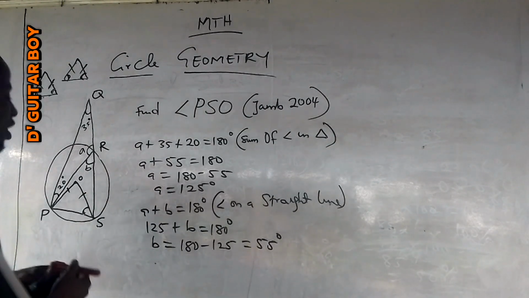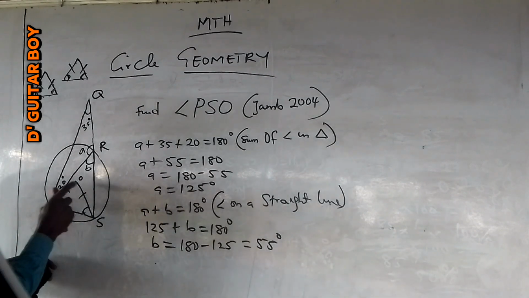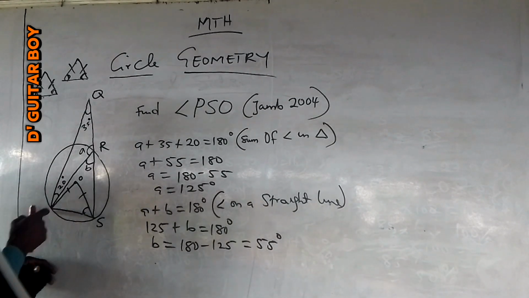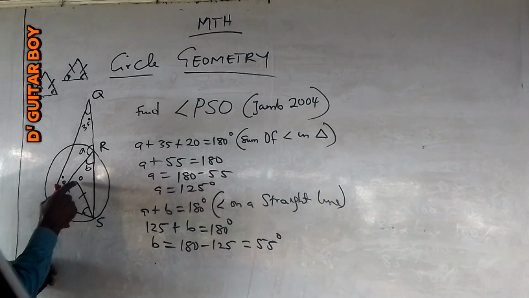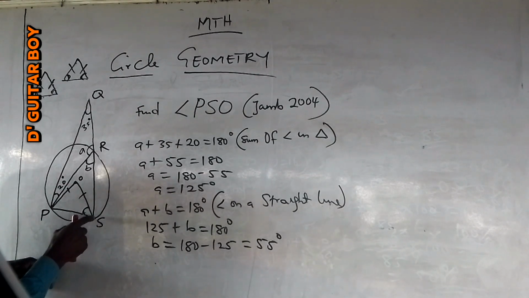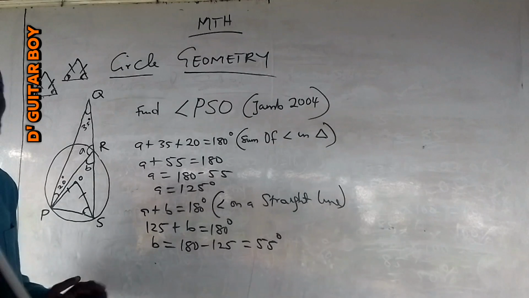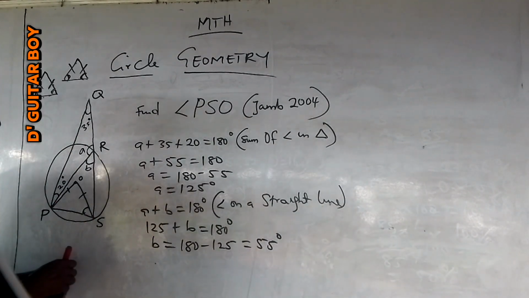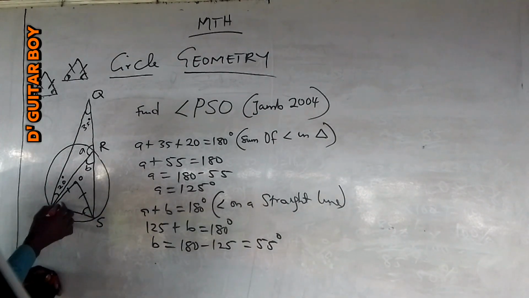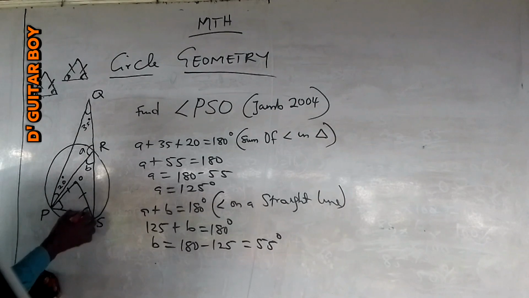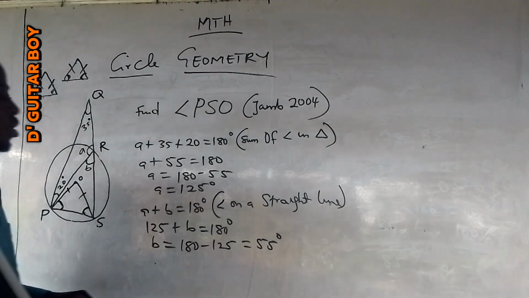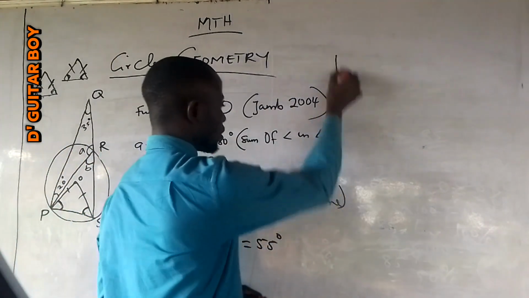I told you, if you draw a line from the center to meet the circumference of the circle, and you draw another line from that center to meet the circumference of the circle, and you join it like this, just know that these two lines are equal. And if these two lines are equal, it tells you that this angle is equal to this angle. That's an isosceles triangle.